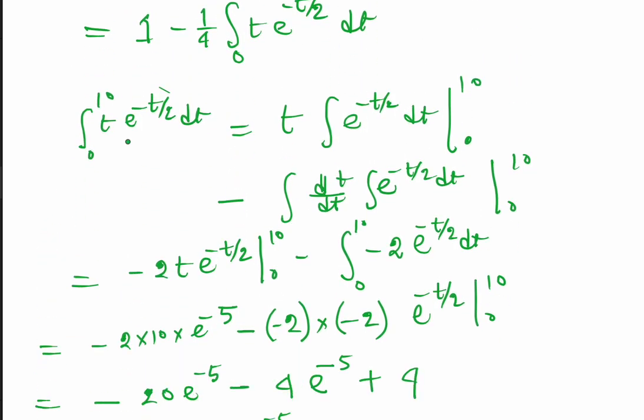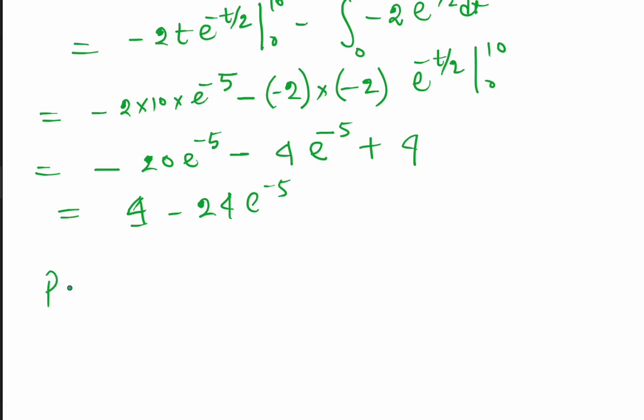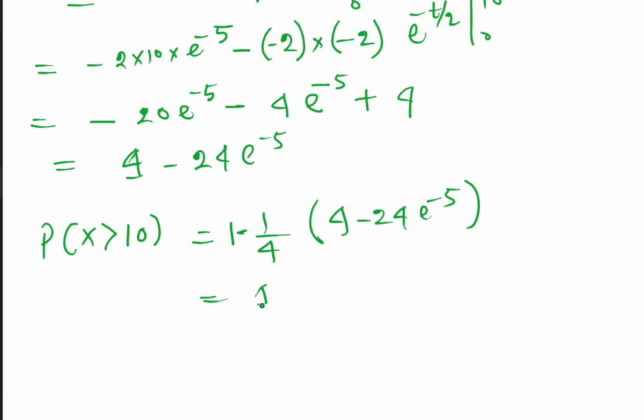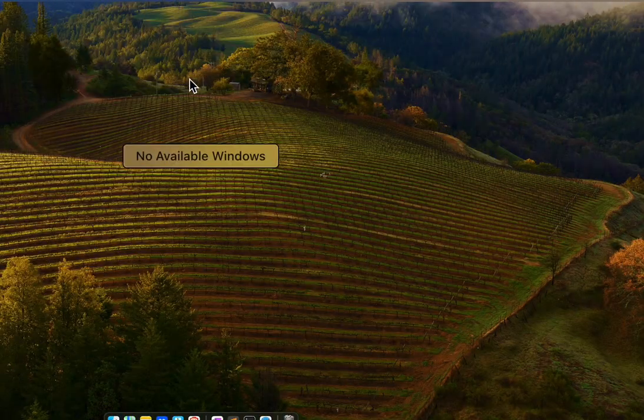Now if I put it here, P of x greater than 10 will become 1 minus 1 by 4 times 4 minus 24 e to the power minus 5, so 1 minus 1 plus 6 e to the power minus 5. So the answer will be 6 e to the power minus 5. So that's it.